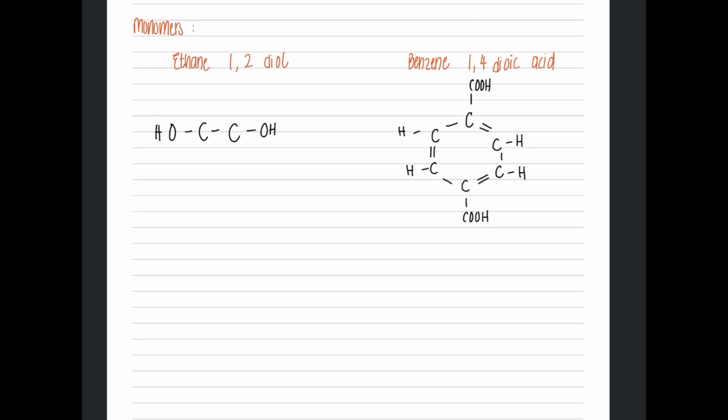Let's try to write it down in equation form. First, ethane 1,2-diol, plus benzene 1,4-dioic acid. Usually it's going to be C6H6 for benzene, just benzene, but this is 1,4-dioic acid. And then C double bond OH. So condensation polymerization occurs.